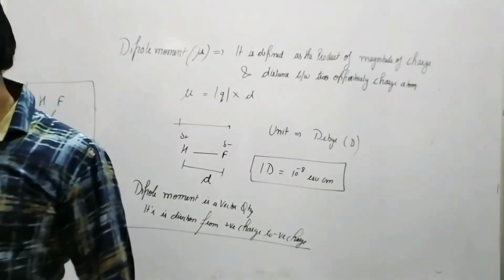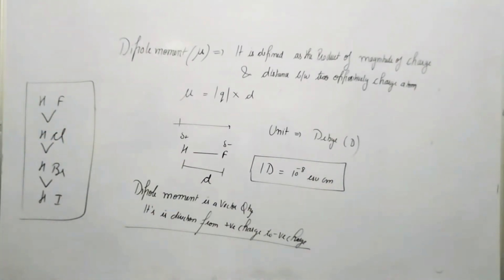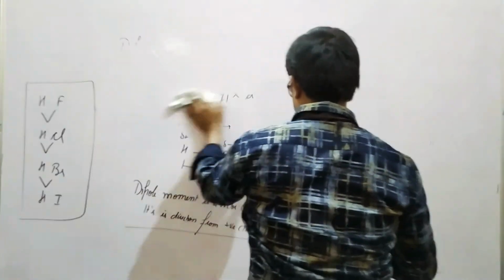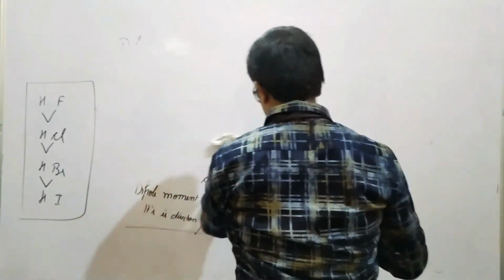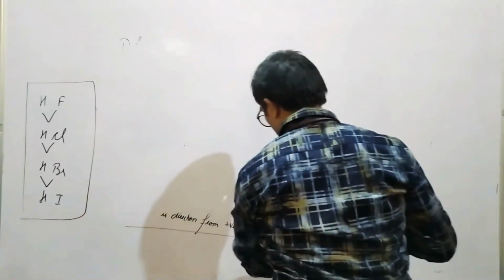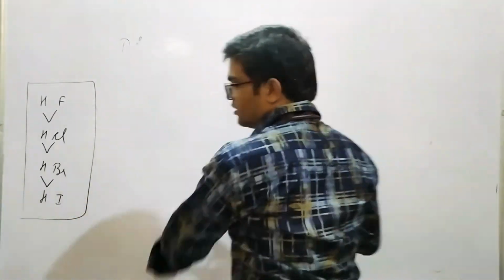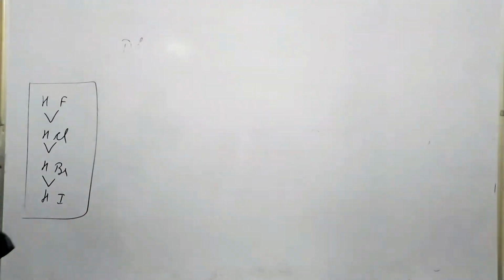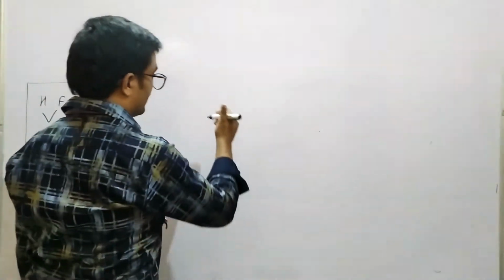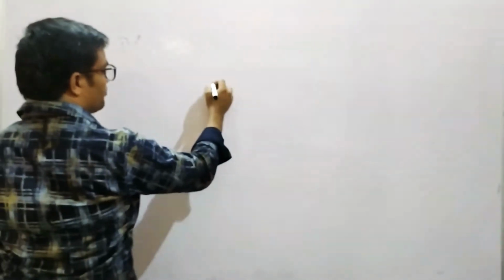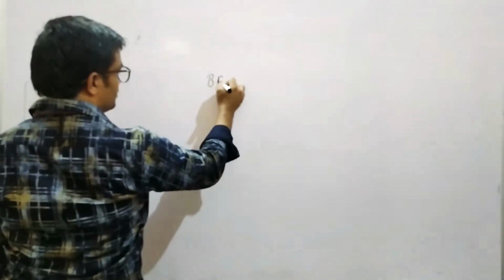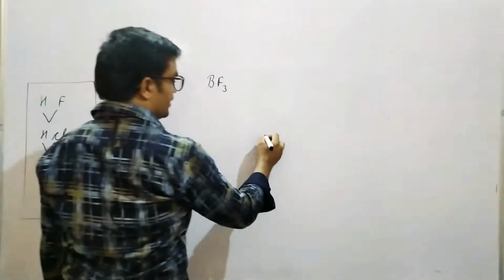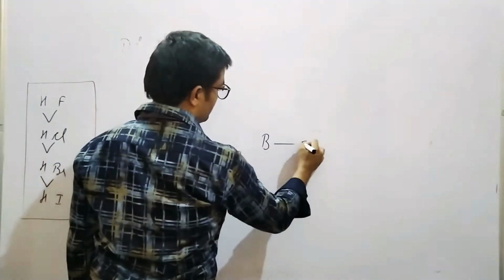Students, now we have to see dipole moment in polyatomic molecules. In polyatomic molecules, we have to check the vector sum, or resultant, of the dipole moments. For example, BF3. Since we know it has sp2 hybridization, which means trigonal planar geometry.